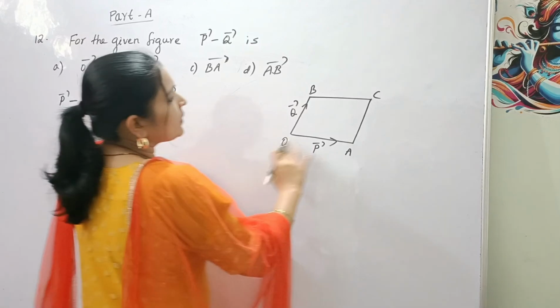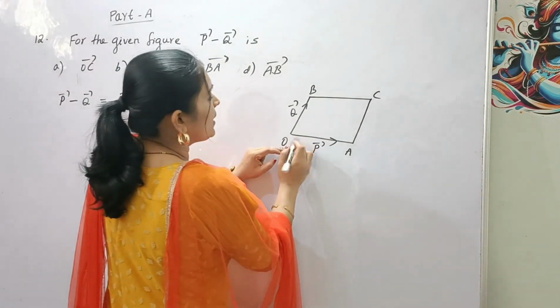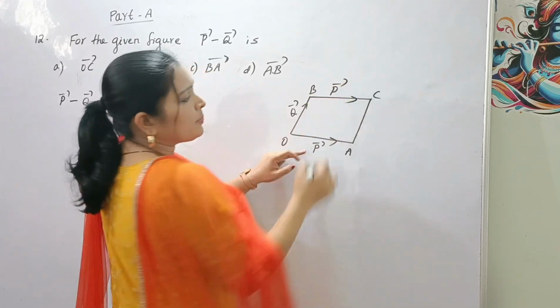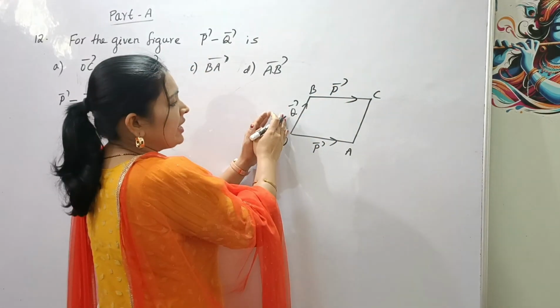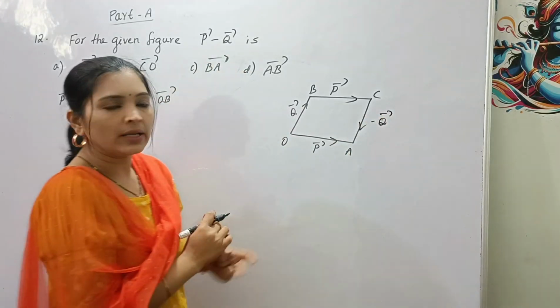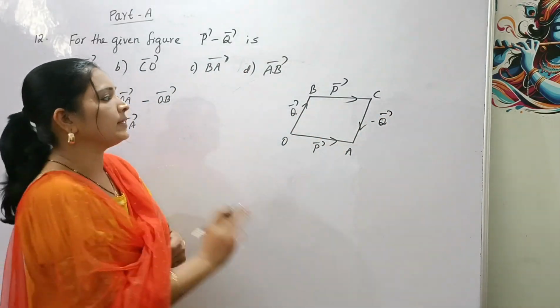Otherwise we can find, see, it is vector P, therefore this is also vector P, same direction, right? And if it is vector Q, then it is minus vector Q, right? Opposite direction, same length.